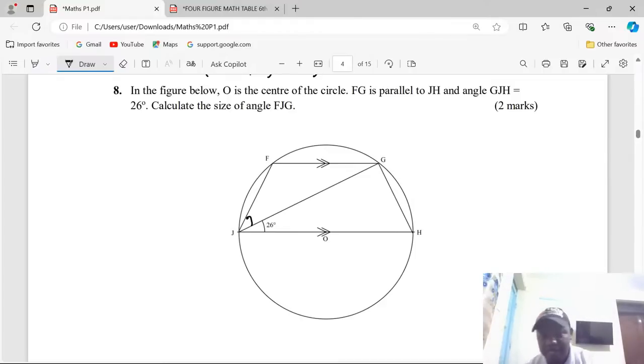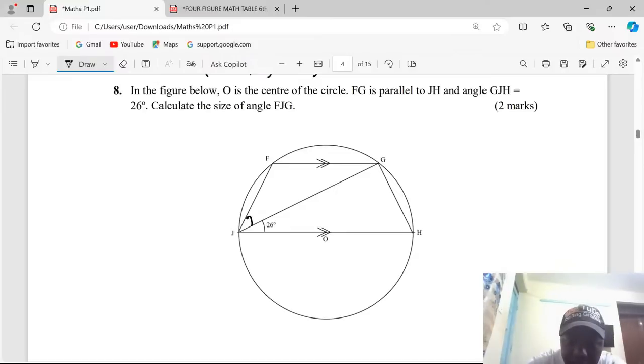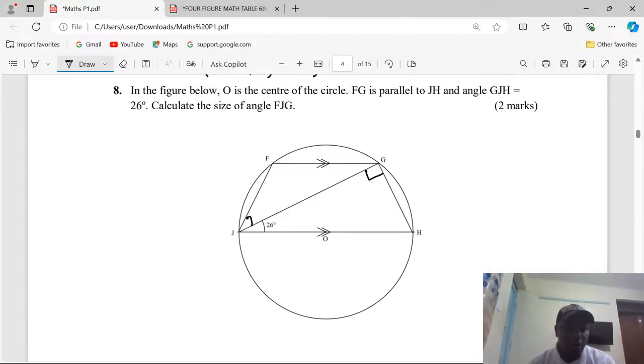And we all know that angles subtended by the diameter at the circumference are usually right angles, 90 degrees. So that is a 90-degree angle because it's an angle subtended at the circumference by a diameter.